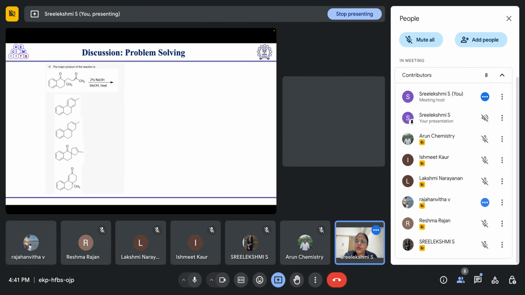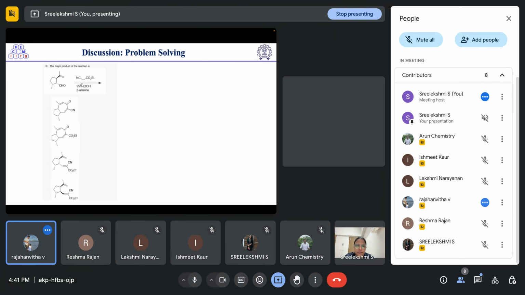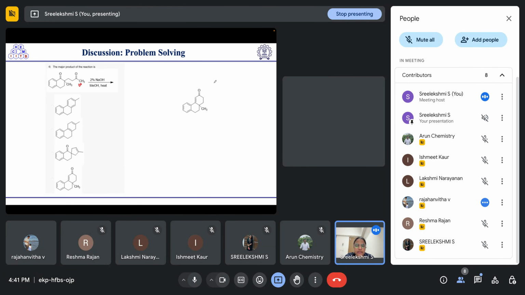It undergoes enolization, and if it is undergoing aldol condensation from outside, it will be forming a four member ring. So it is taking from this one, that gives a 6 membered ring, which is more stable and more favored. So we will be getting this one.